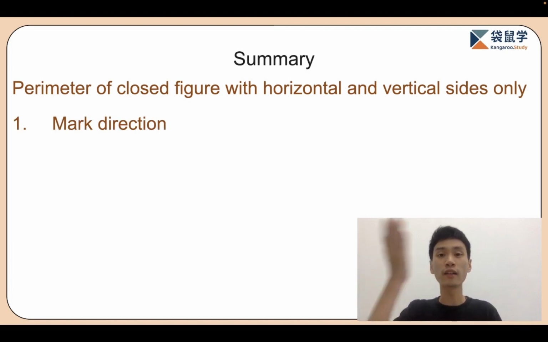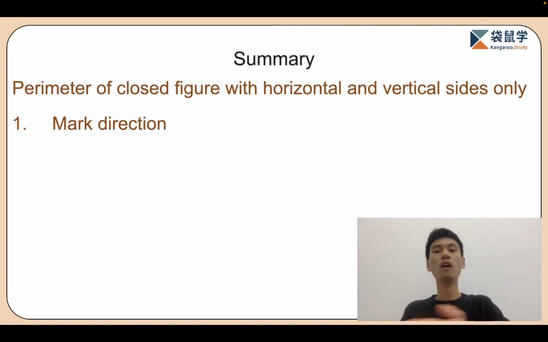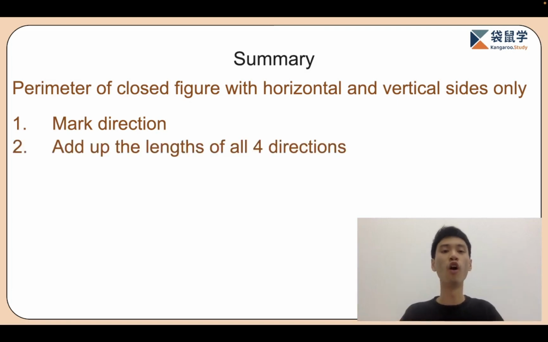And after we mark direction from the original point all the way back to the original point, covering every single side, all we need to do is add up the lengths of all 4 directions, remembering that the length upwards is the same as the length downwards, and the length leftwards is the same as the length rightwards. And that's how you can solve questions of perimeters of closed figures with horizontal and vertical sides only.